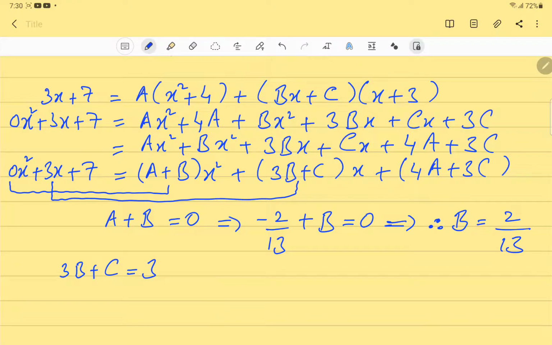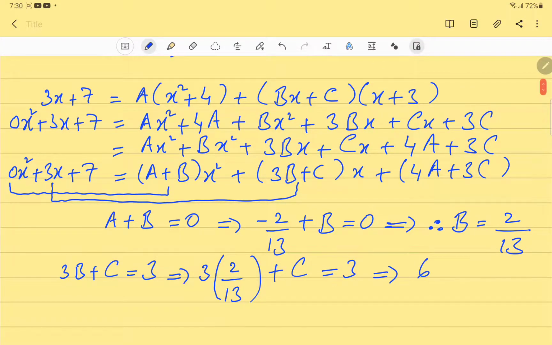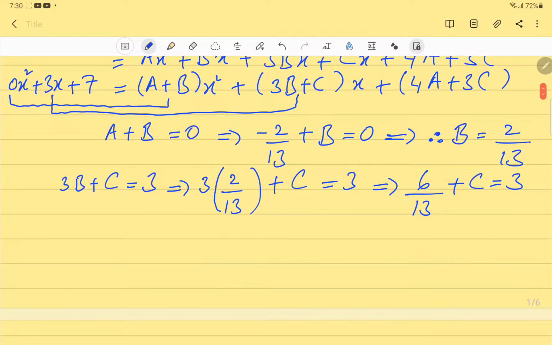We have the value of B, which is 2/13. 3 into 2/13 plus C is equal to 3. 3 into 2 is 6 over 13 plus C is equal to 3. So C is equal to 3 minus 6/13.